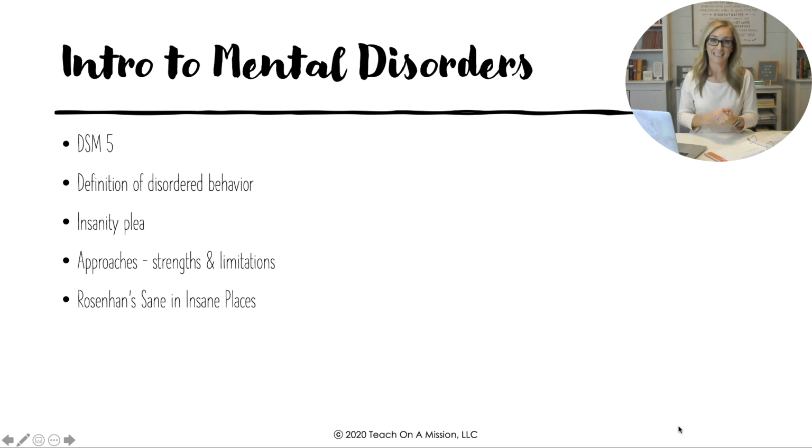Rosenhan's Sane in Insane Places study, where he and a few of his buddies, including Martin Seligman, another name of this course, essentially feigned or faked being mentally ill by hearing the word thud and got themselves admitted into psychiatric treatment facilities, and it was all fake.